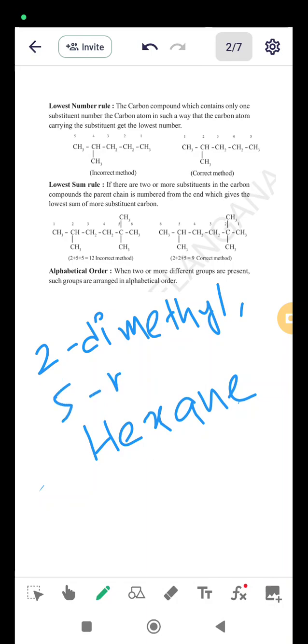And on the second carbon there are 2 methyl groups, so 2,2-dimethyl, and 5 methyl, this is a single methyl. Okay, so 2,2-dimethyl and 5 methyl hexane. Okay, this will be the name.